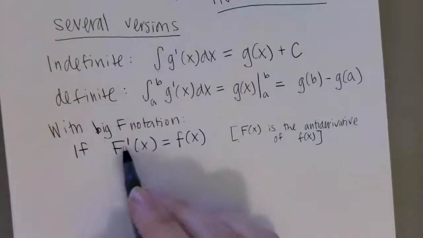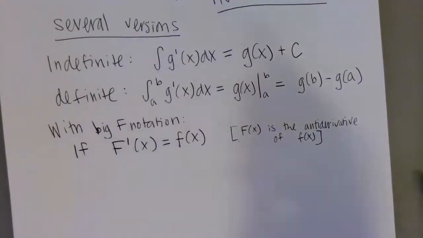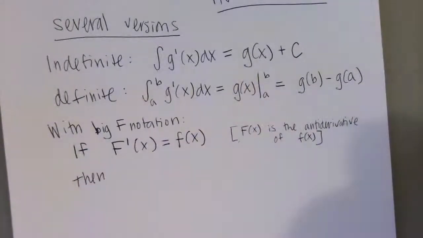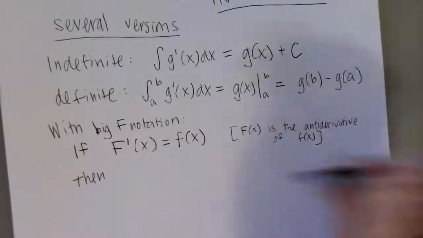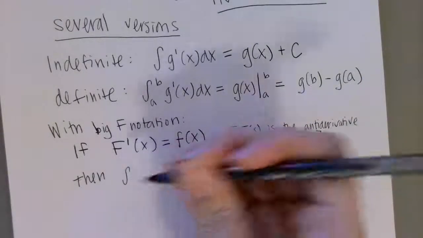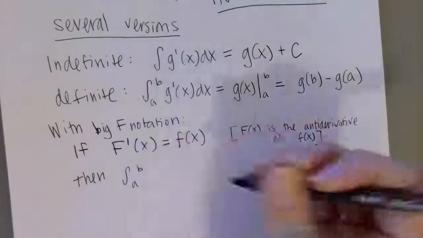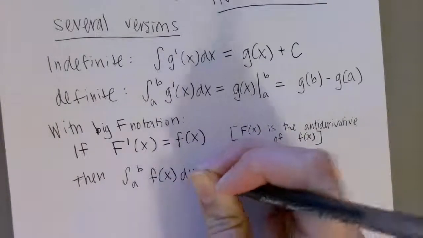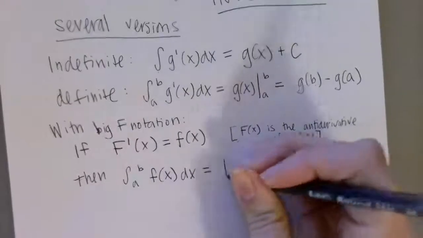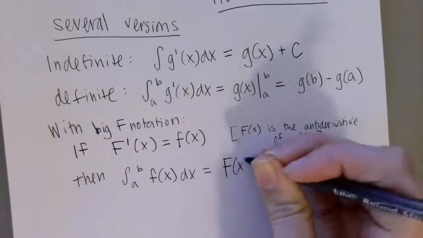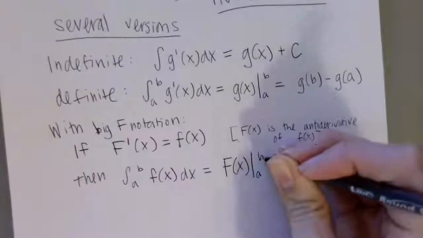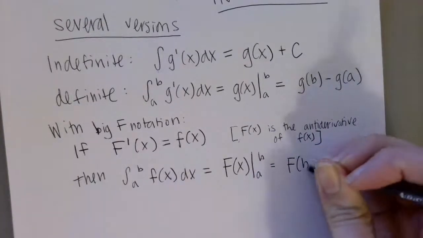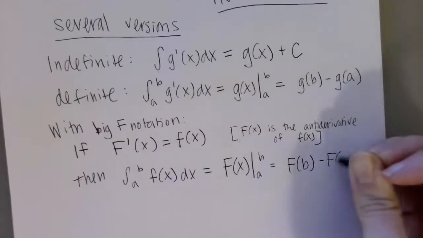So if big F prime, the derivative of big F, is little f, then the fundamental theorem of calculus tells us that the integral from a to b of f of x dx equals big F of x evaluated from a to b, which is big F of b minus big F of a.